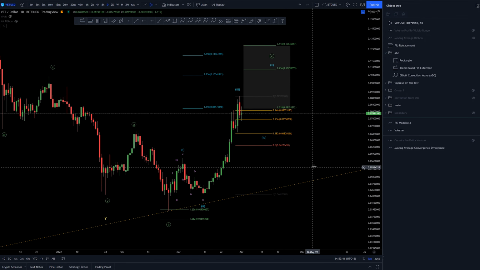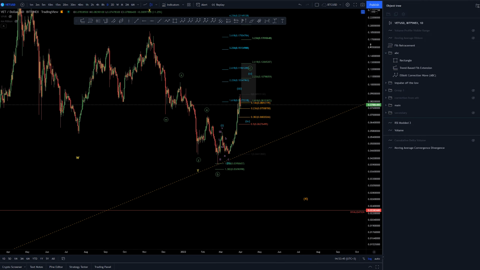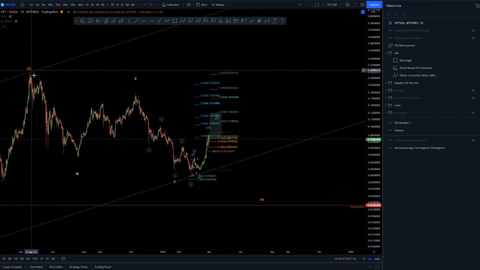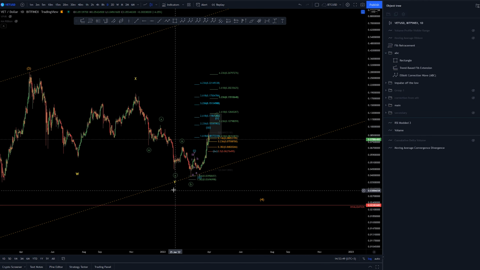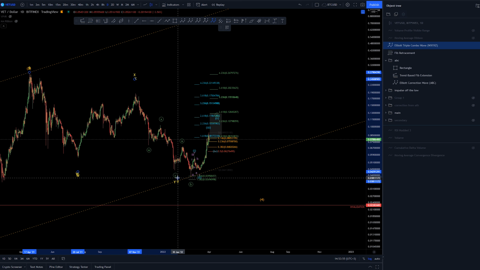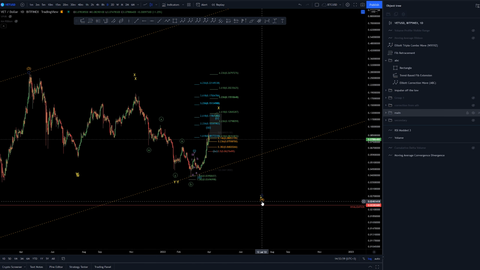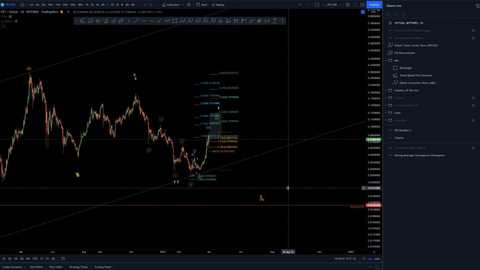If it is ABC, that means again that this current WXY is getting larger, and it would be WXYXZ, bringing us our fourth down here.